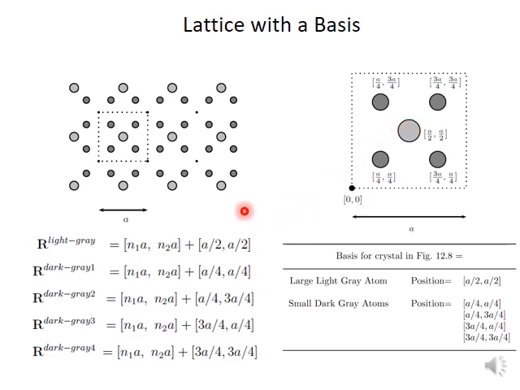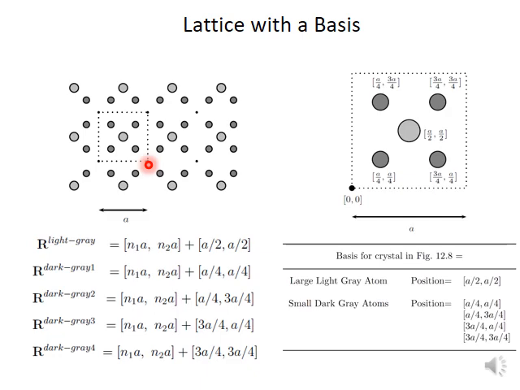Now you can identify the location of each of these small circles with respect to the lattice points, and that's the convenience you get by defining a lattice.